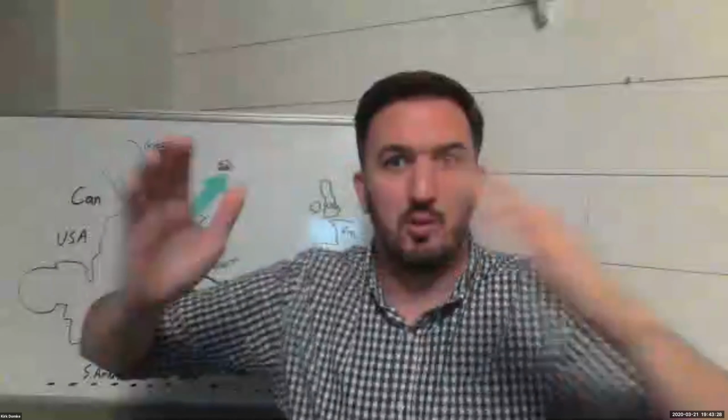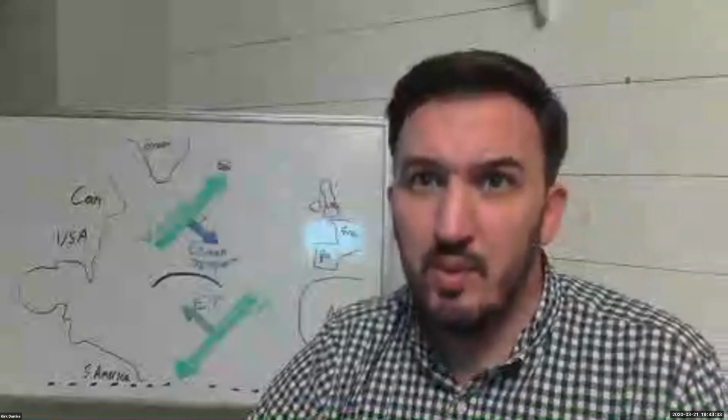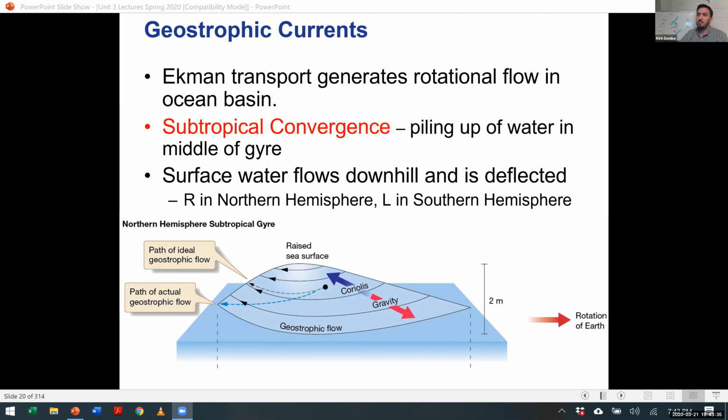So when the forces are inward pushing forces, like the Ekman transport forces are, you get a hill of water there. Now, because we have a hill of water, this is where that third force kicks in, pressure gradient, AKA gravity. Gravity pulls things down off the top of the hill. That's just how it works. And so the water wants to flow downhill.